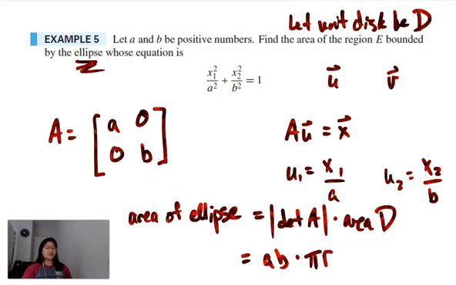Pi r squared, but r is 1, so that's just pi. So the area of the region bounded by our ellipse here is going to be AB times pi, or if we want to put pi in front, pi AB.